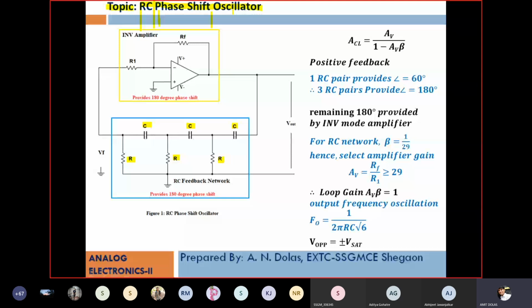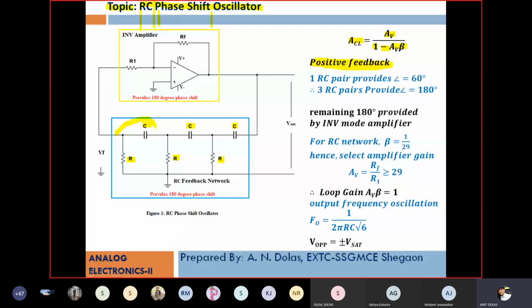Again, coming to the characteristic equation, ACL is equal to amplifier gain divided by 1 minus AV into beta, which of course uses positive feedback. Now, analyze this.